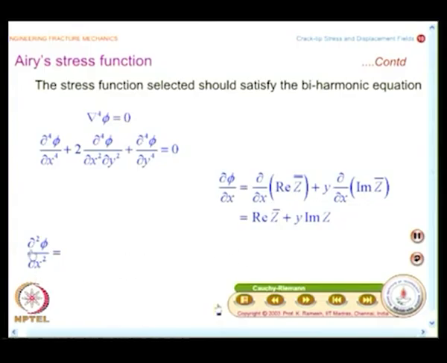Now we will have to get dou squared phi by dou x squared. So when I have dou squared phi by dou x squared, I will have to differentiate this, and that is what is given here. So I have this as dou by dou x of real part of z bar plus y into dou by dou x of imaginary part of z. From whatever you have done for this case, what does this amount to?